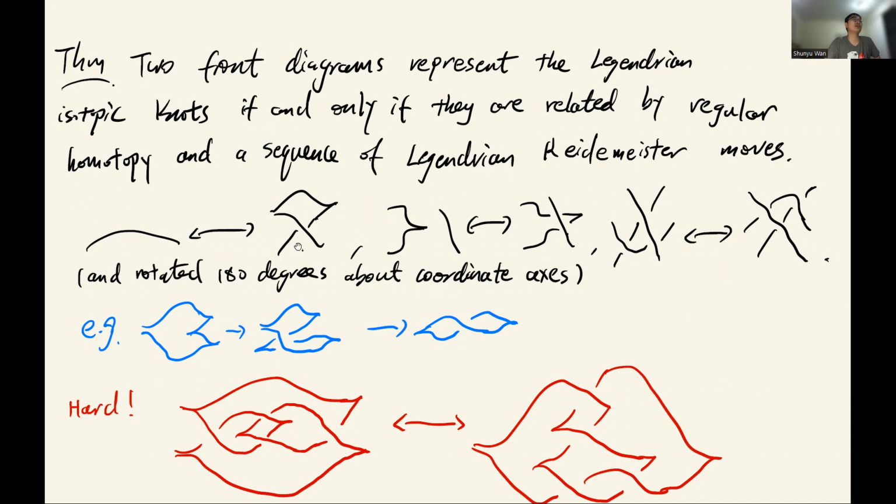For example, there's one where the cusp is below. Here's an example of these Legendrian Reidemeister moves.